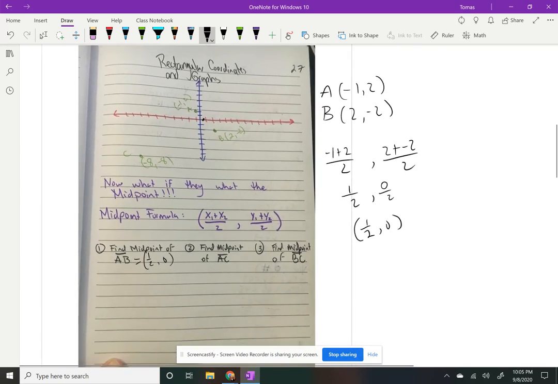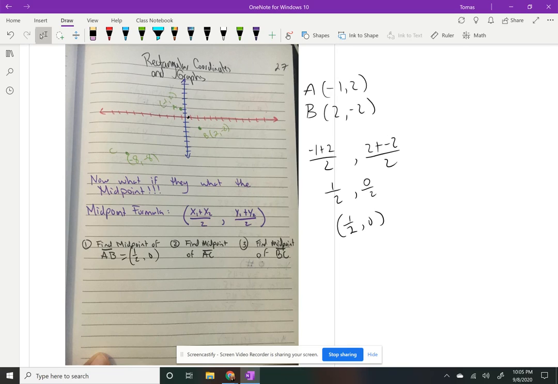Okay, so if I wanted to do A to C, AC, oh look, you can see my finger. If you wanted to do AC, I would get my x's, which in this case, in fact, let me just write C here too, so I can have a quick glance. I add these two, so I have -8 plus -1 over 2, and -8 plus 2 over 2.